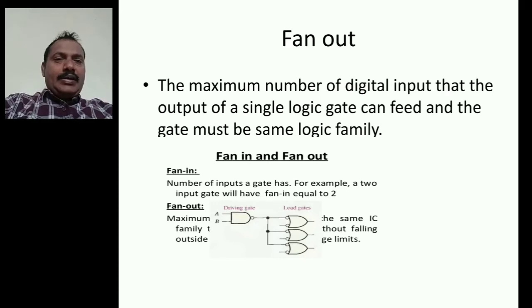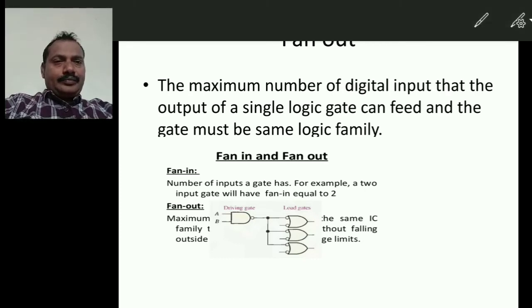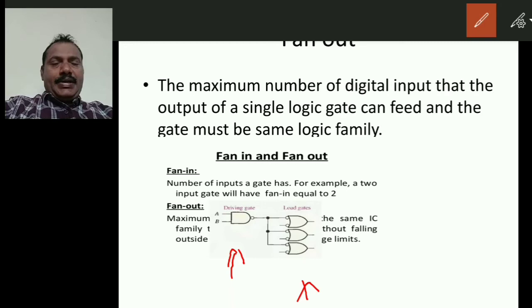Now if you observe here, the fan out is the maximum number of digital inputs that the output of a single logic gate can feed, and the gates must be of the same logic family. Let us take this NAND gate and this bubbled input OR gate, both from the same family, TTL for example, compatible to each other.